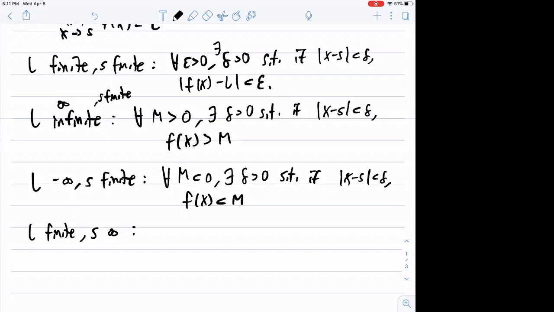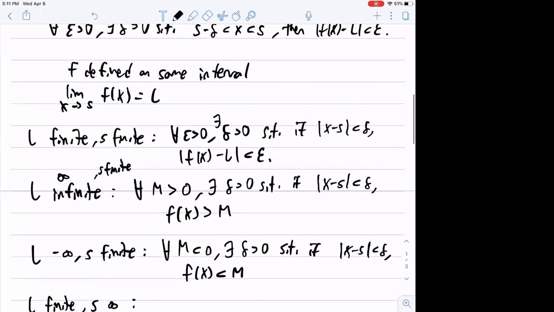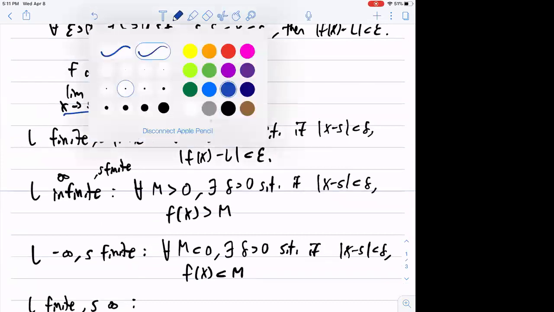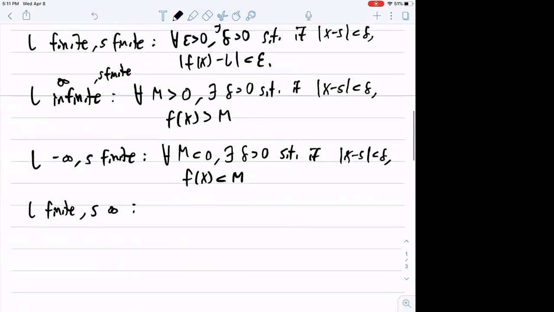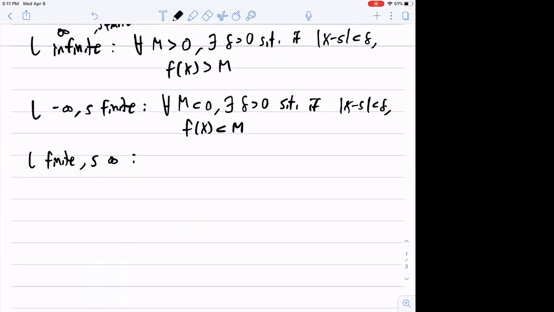S infinite means the limit as x goes to infinity. What does it mean to go to infinity? It means for any value bigger than some number.